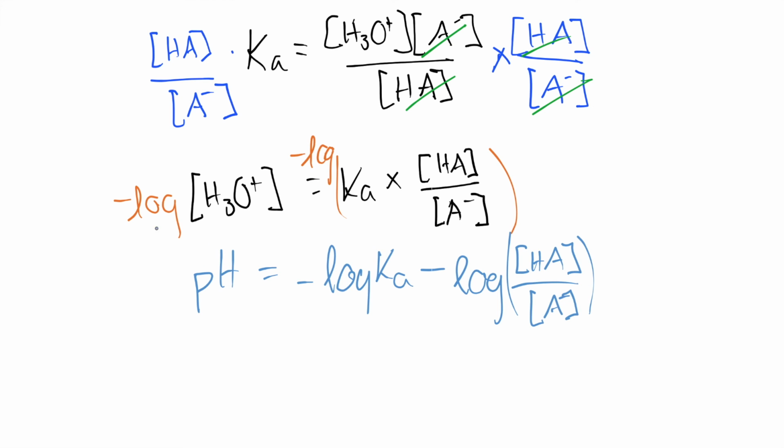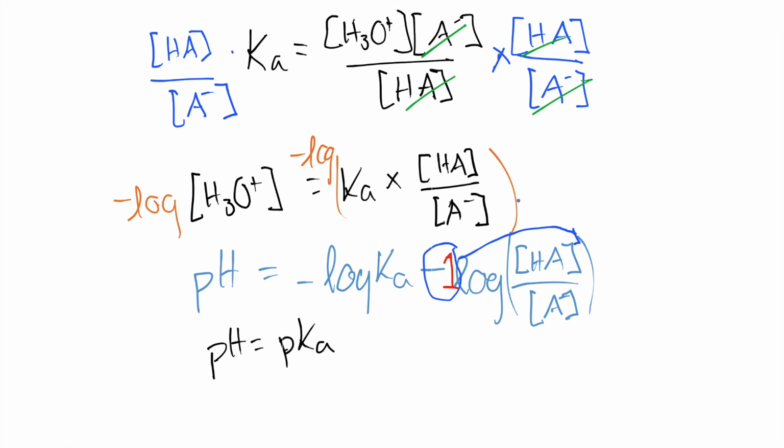Since the negative log of the hydronium ion is the pH, the negative log of the Ka is the pKa. So pH is equal to the pKa, and then let's look at this. If we know our properties of logarithms, we can say that out here is a coefficient of -1, and we can take this -1 and put it in as an exponent for the logarithm.